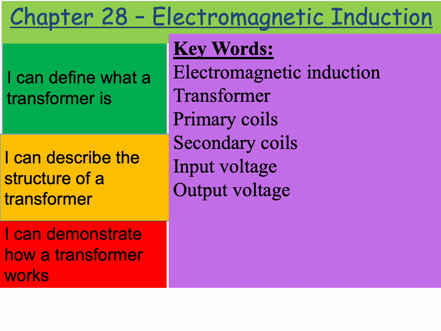The final section now in this chapter is to do with transformers, and we're going to look at what we call a primary coil versus a secondary coil wound around a common core, and then comparing input voltages to output voltages.